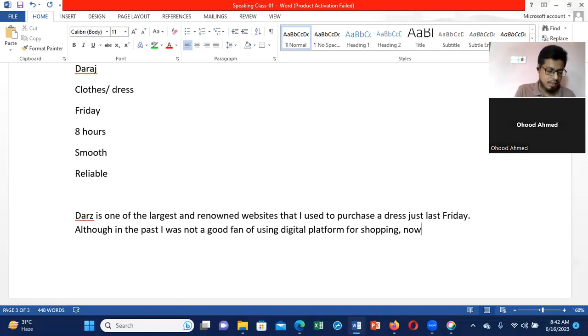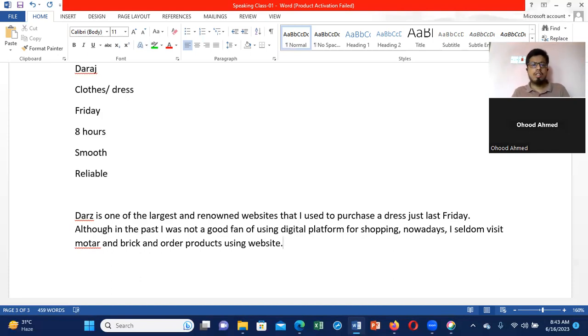Nowadays, I seldom visit shopping malls or brick and mortar. I seldom visit mortar and brick. And I order goods, or you can say merchandise. You can order products using websites.